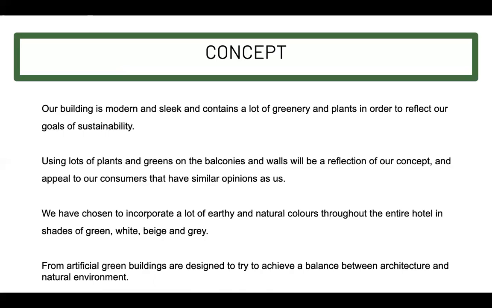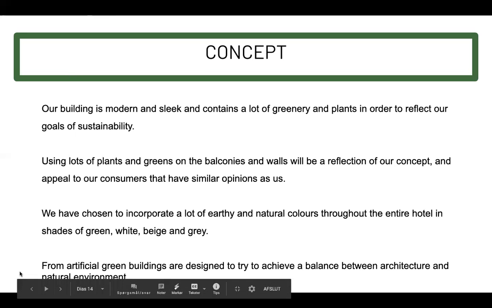We have chosen a lot of earthy and natural colors throughout the entire hotel in shades of green, white, pink, and gray. Artificial green buildings are designed to try to achieve a balance between architecture and the natural environment.